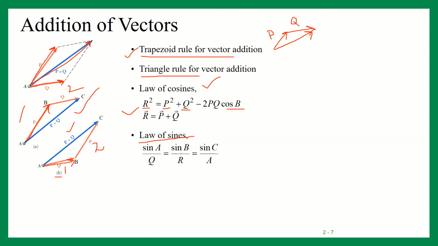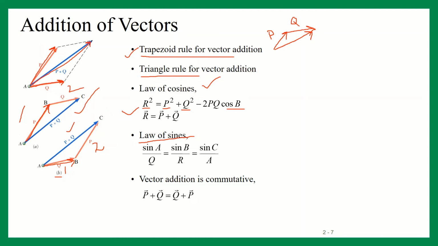That is sine A by Q will be equals to sine B by R will be equals to sine C by A. Okay. So suppose Q is this. So then sine A by Q, sine B by R, and sine C by A.